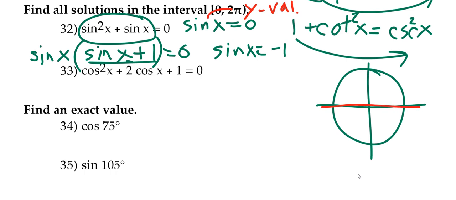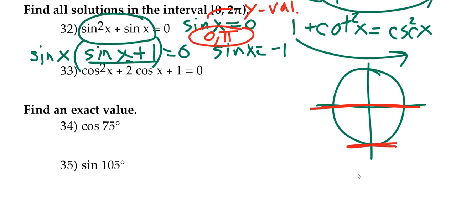How many answers do we have from 0 to 2 pi? 2, what do you got? Well, 2 pi is not included in this interval. Number one, it's multiple choice. I'm pretty sure we wouldn't put 2 pi as one of the possible answers, although that would be slightly evil. All right, so 0 and pi would be the answers to that part.